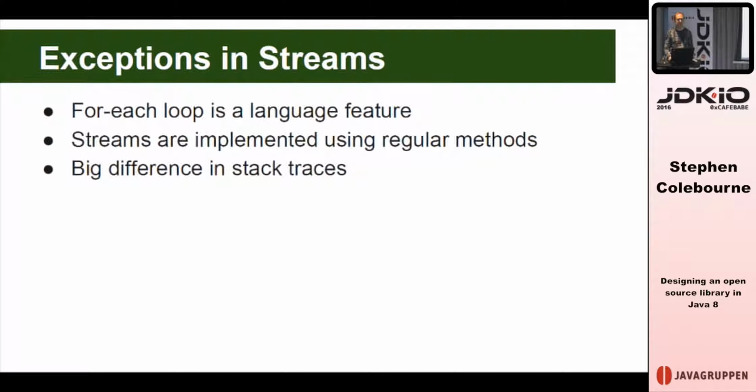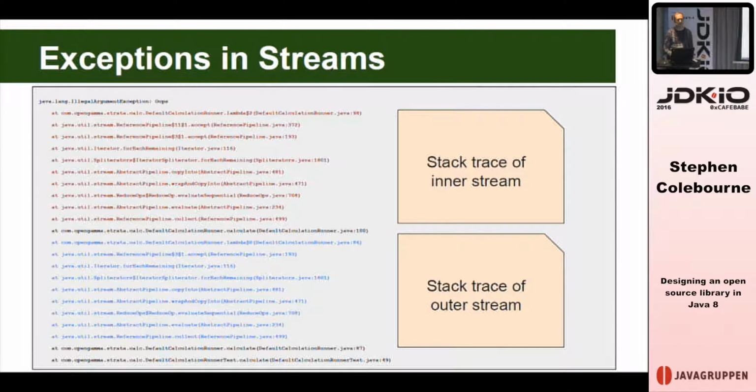This causes a big difference in stack traces. Something to bear in mind. So here is the stack trace, I don't expect you to read it, of one stream within another stream. Goodness knows how many lines that is. It's probably 8, 9, 10 lines for each stream operation.